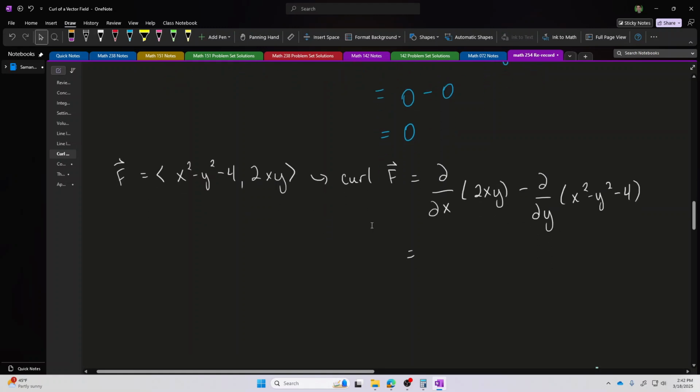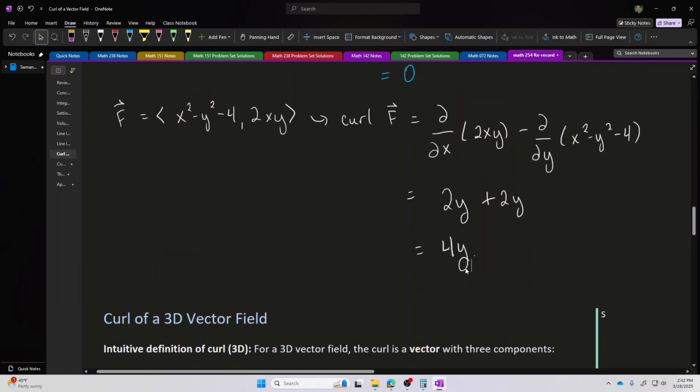And I would get, from that first calculation, 2y. And from that second calculation, it looks like minus minus, so plus another 2y. Giving me a non-constant curl which is dependent on the value of y. A curl that is positive if y is positive, and a curl that is negative if y is negative.